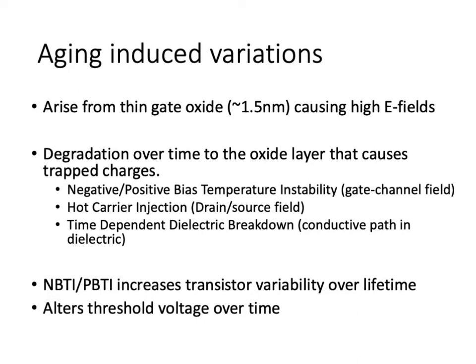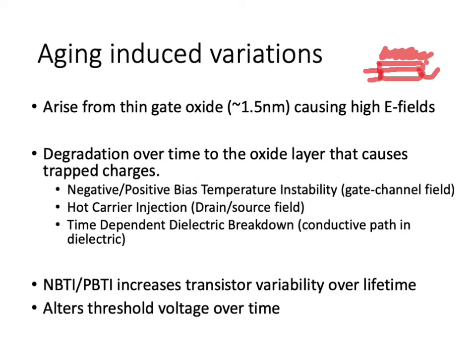Why does this arise? Because in modern transistors, the gate oxide thickness, that is the thickness of the dielectric silicon dioxide layer separating the conductive polysilicon or metal gate from the transistor channel, is on the order of 1.5 nanometers.